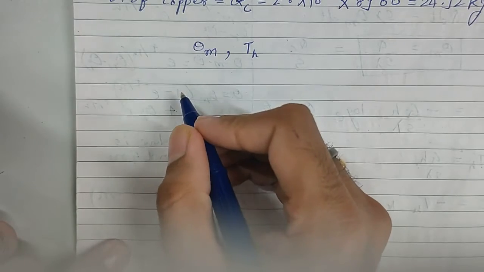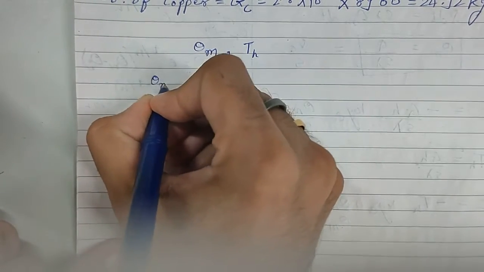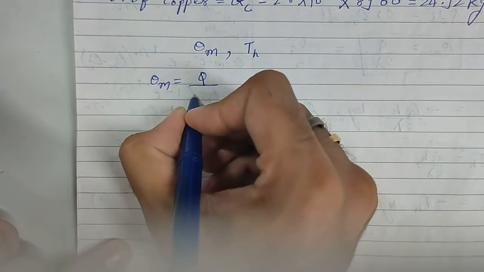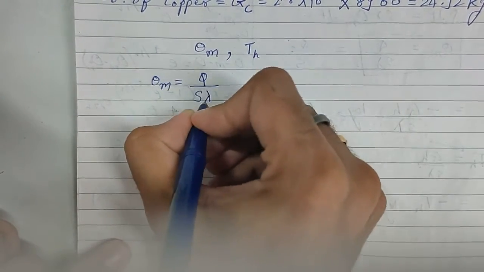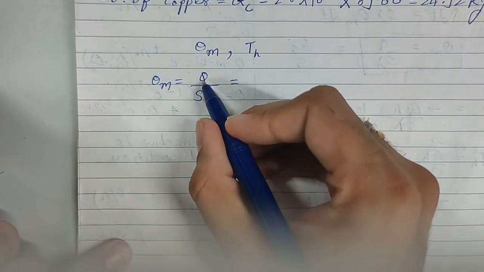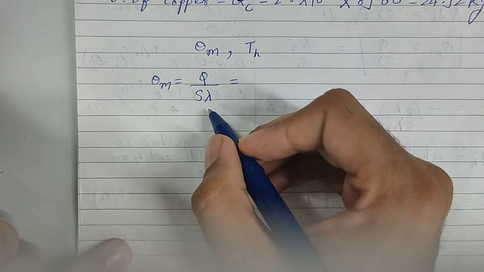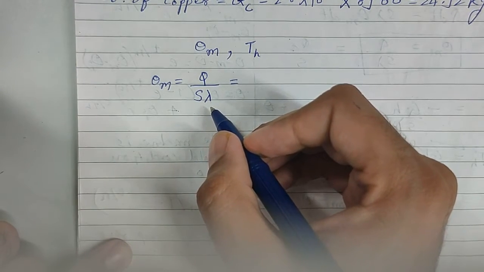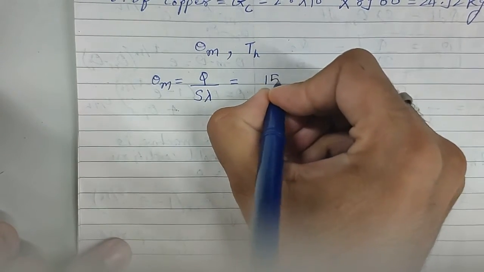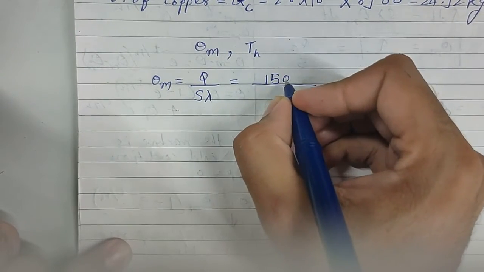As we know, the formula for finding theta m is q upon S lambda. If you are not able to recollect what q, S and lambda are, please refer to the derivation that we carried out. q is the heat loss or the loss dissipated, that is 150 watts.